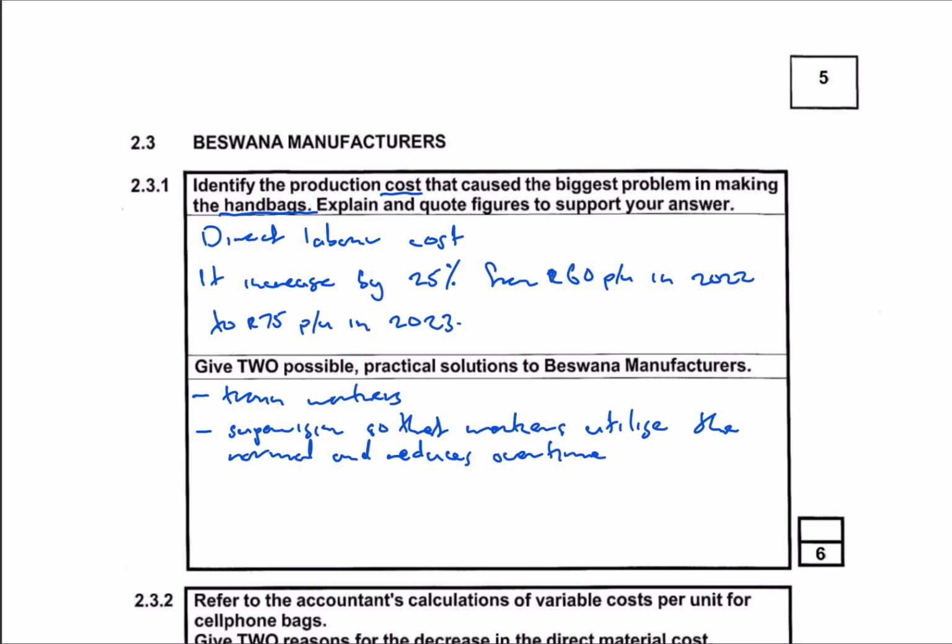What else can be done? It's direct labor cost. Then improve the machinery used, then maintenance of equipment.